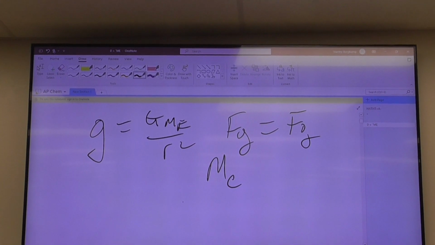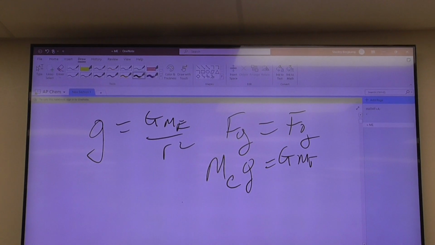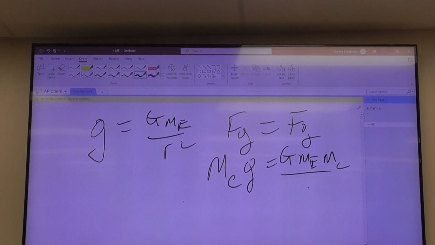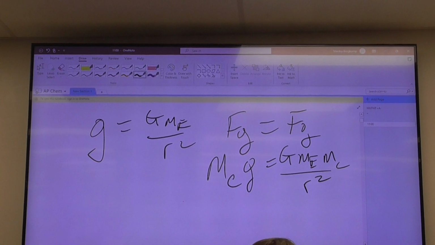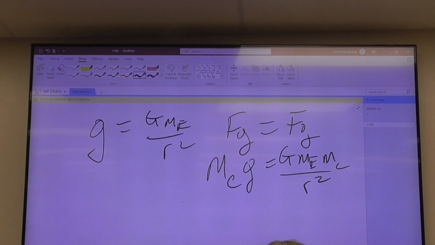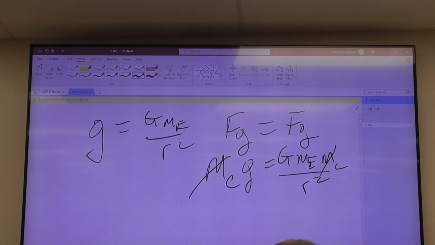Mass times g would equal big G, mass of the Earth, times the Connor of your choice over r squared. No matter which Connor you pick, what's going to happen to the mass of Connor? It's going to cancel out.